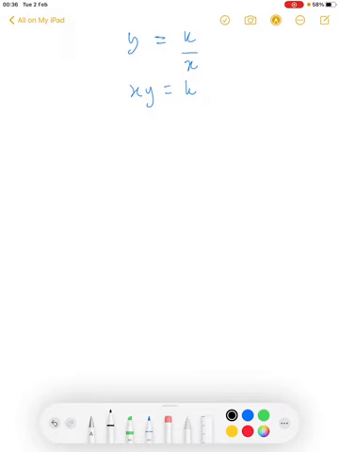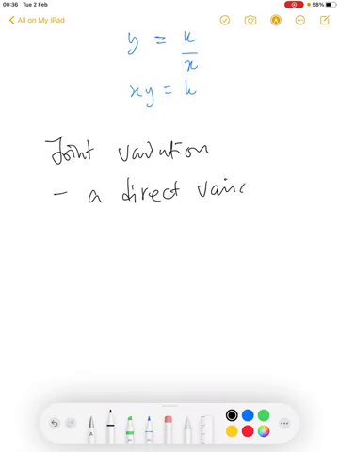So for joint variation, it's a direct variation where a variable varies as a product of two or more variables. Before this we had a direct variation like this, now we have a product of two or more variables.